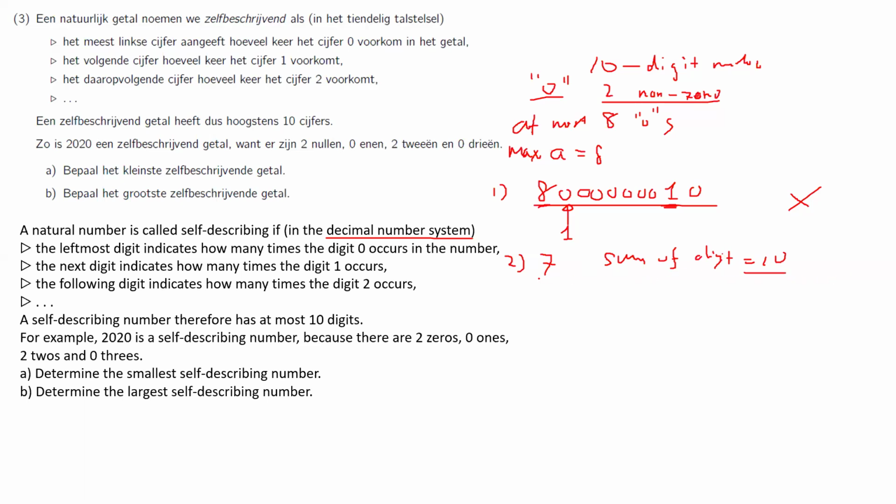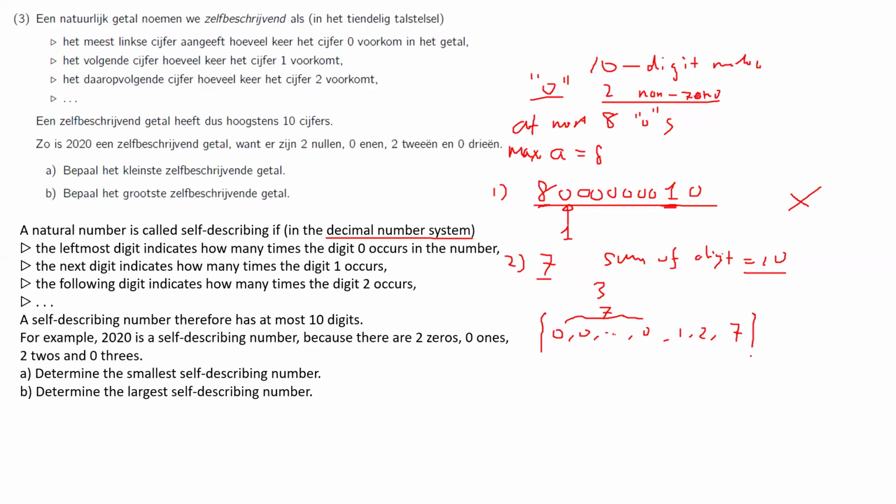We have 1 and 7 already, so the sum of the rest must be 3. So we have such combinations: 0, 0, dot, dot, dot, 0. We have 7 zeros, and 1 and 2 and 7. So that is the only possibility.